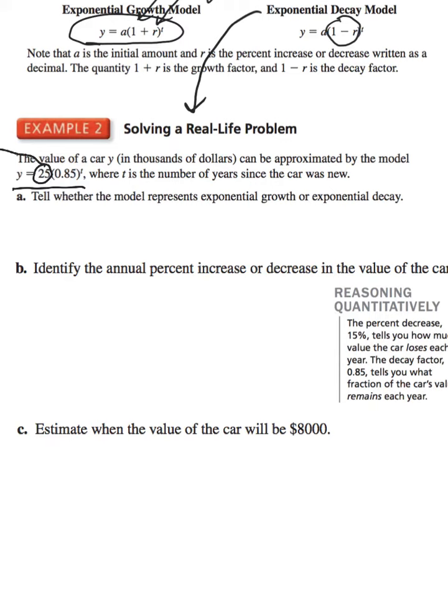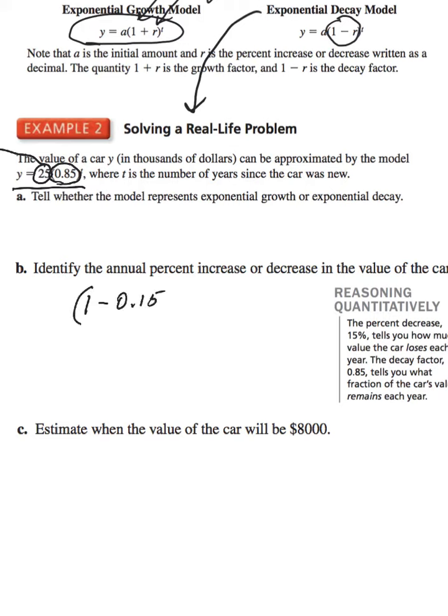And what we need to do, because this is a decay problem, we need to rewrite that 0.85 as 1 minus something. So what is 0.85 as 1 minus something? Well, some of you may figure out that that's the same as 1 minus 0.15.